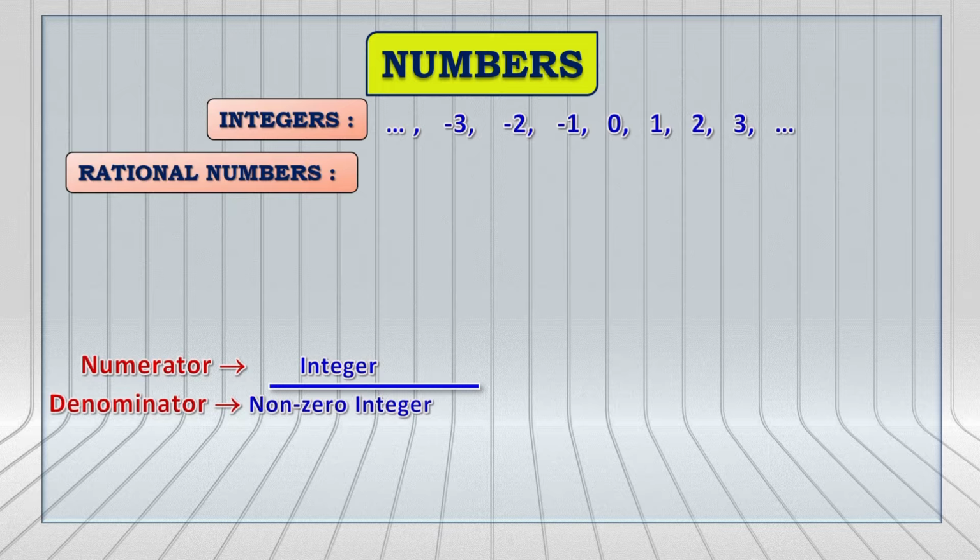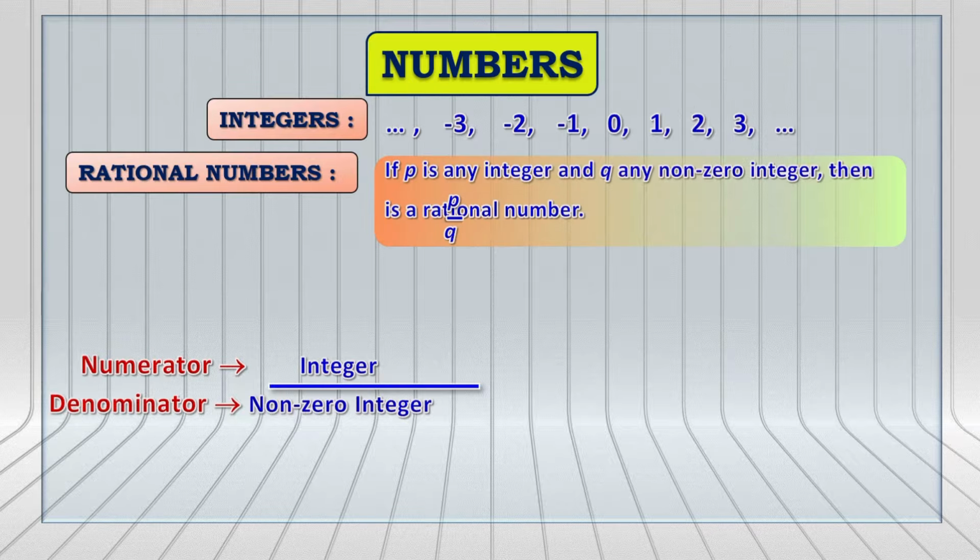You have already learned in earlier classes that a rational number is in the form of p by q, where q is the denominator, which is not equal to 0. So the definition of a rational number is: if p is any integer and q any non-zero integer, then p by q is a rational number.